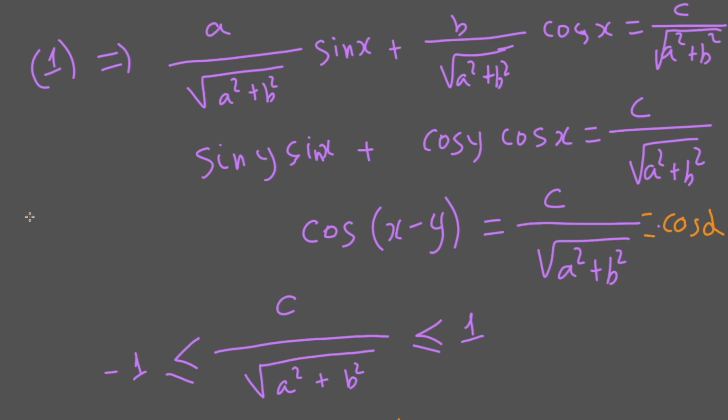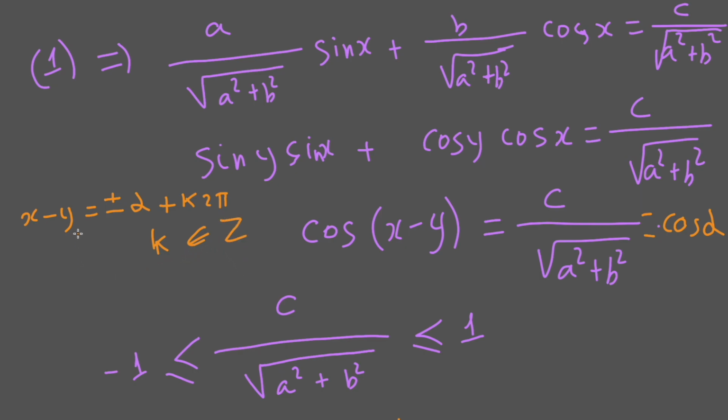Then we have the root of this equation: x minus y equal to plus or minus alpha plus k 2 pi, with k a member of the integers.